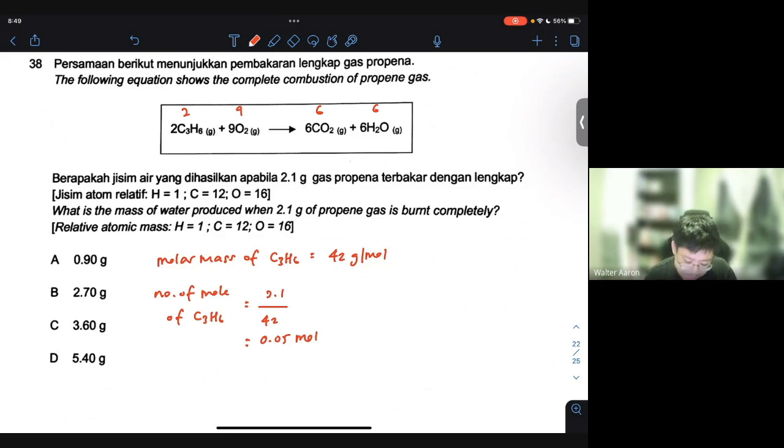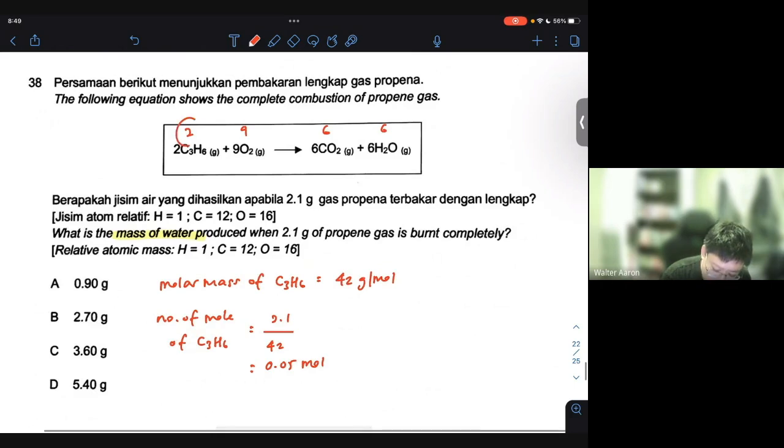All right. So they'll ask you to calculate the mass of water. So now the water, in terms of ratio, it's 2 to 6. If you were to make it in a simplified form, I would say it is 1 to 3, correct? Divide all by 2, you get 1 to 3.